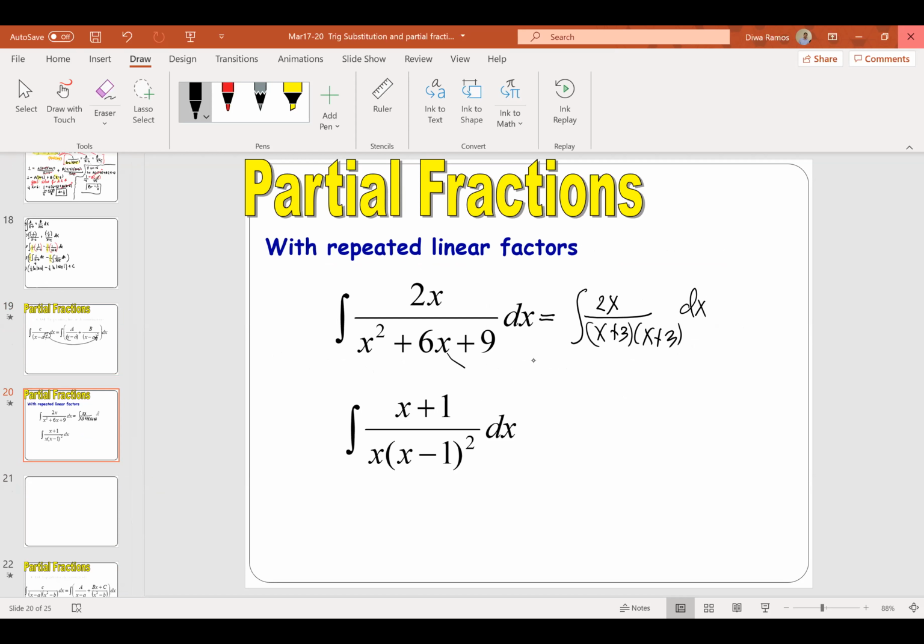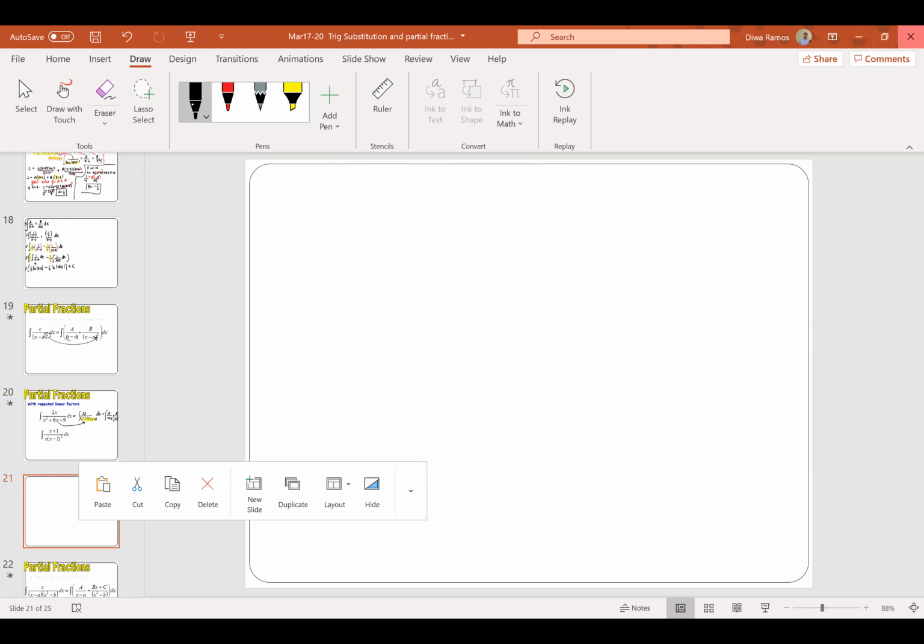If we factor out this, that looks like a repeated factor. So definitely this will end up with A over x plus 3 plus B over x plus 3 squared. Okay, let's start working on that. Let me know if you have some questions over there.